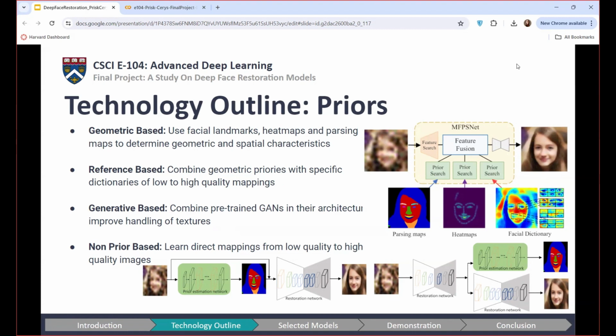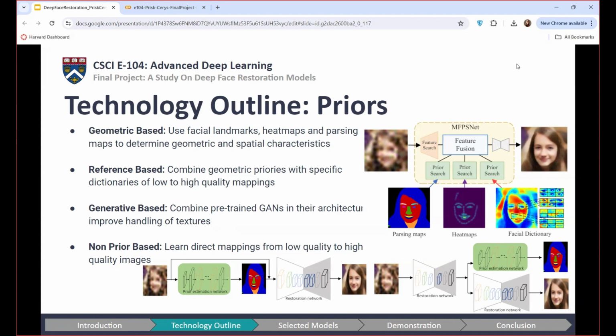Whilst geometric prior methods involve using dictionaries of individual faces, reference priors combine these with specific dictionaries that combine high-quality and low-quality images of the same individual to learn how the facial mapping is affected by the reduction in quality. This can lead to improved accuracy, but is limited to cases where specific references are available.